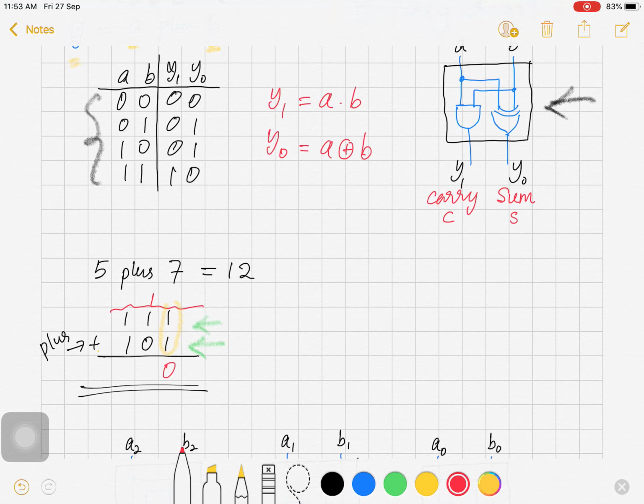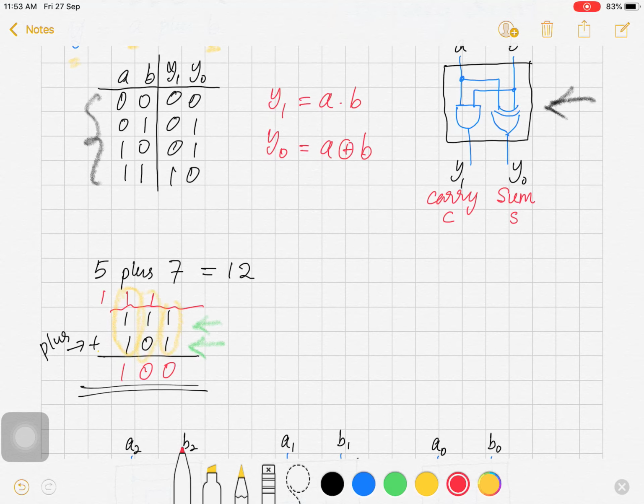In which the sum is 0 and the carry is 1. Then the next column gives 1 plus 0, which includes the carry from the rightmost column, that gives also 2. And finally, 1 plus 1 gives 3, which is 1, 1 in binary.